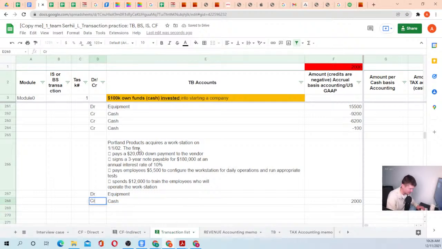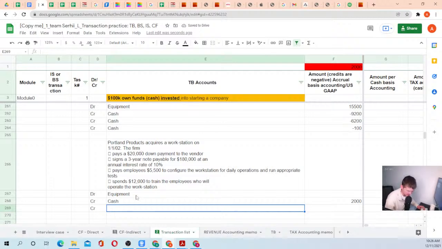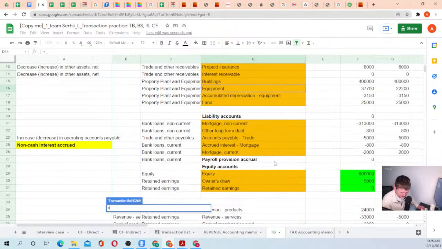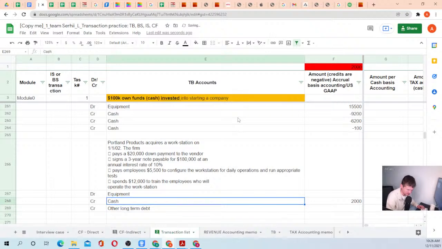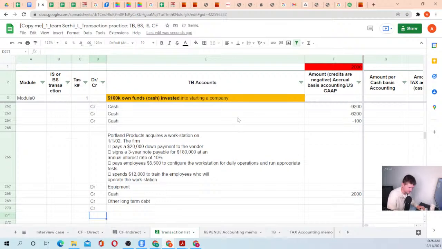Sorry, it will be credit. Notes payable. Let's see if I have any accounts for the notes. Accounts payable, mortgage. Okay, other long-term debt. Credit.